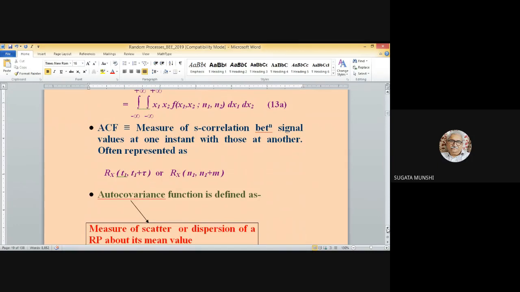So that's what the autocovariance function represents.